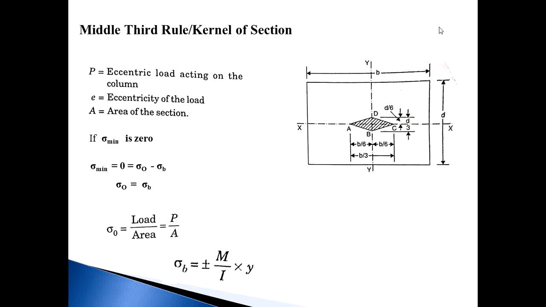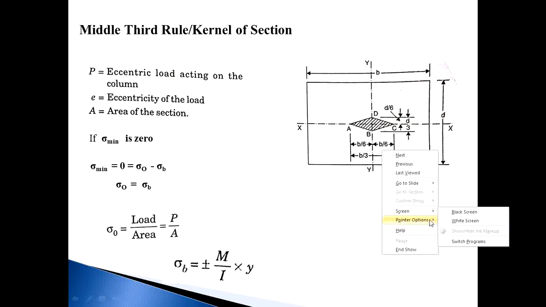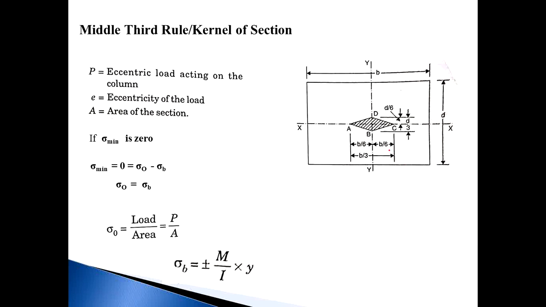This middle third rule or kernel of the section is only applicable for square or rectangular sections. What does it mean? Suppose the load is acting at some eccentricity E, and the intensity of the minimum stress becomes 0, meaning no tension is induced in the section.